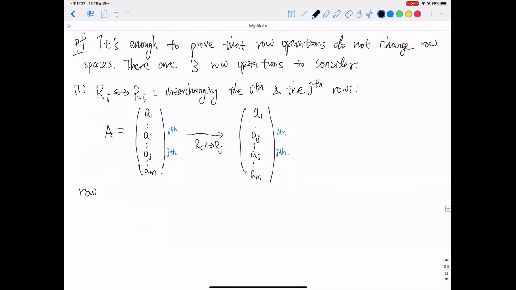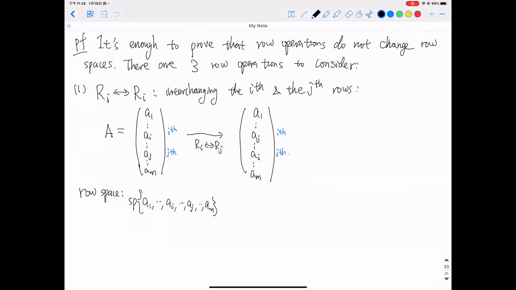Now let's examine the row space. For A, the row space is just the span of all these A's, so that includes Ai and Aj.